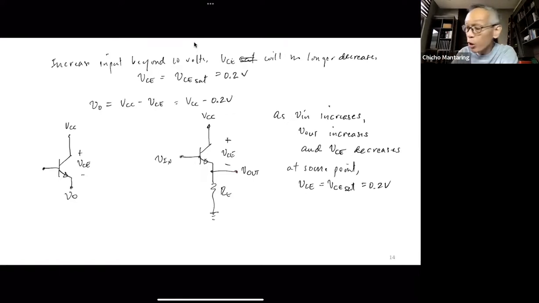From that point onward, even if I increase V in, my V out will no longer increase because my VCE is already at its minimum value, VCE SAT. At that point, my V out is just VCC minus VCE SAT, so it is 10 volts minus 0.2 volts, which is equal to 9.8 volts.